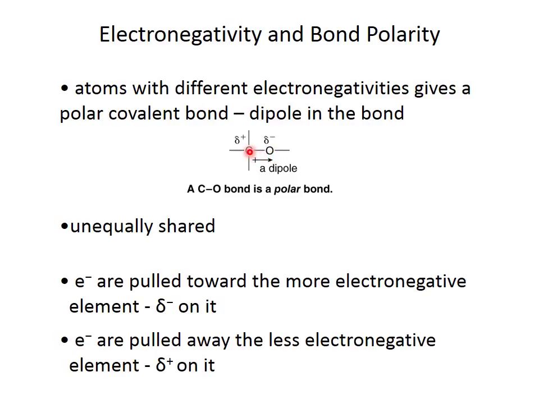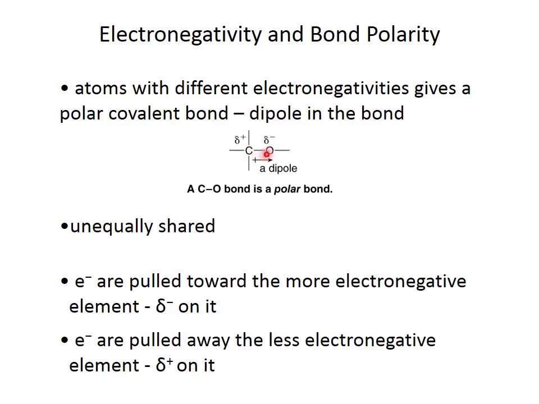If I look at the carbon, because the electrons are being pulled over to the oxygen a little bit, that means a little bit of positive charge builds up on the carbon. So there are two ends on this bond, a little bit of positive and a little bit of negative, and we say it is a dipole.